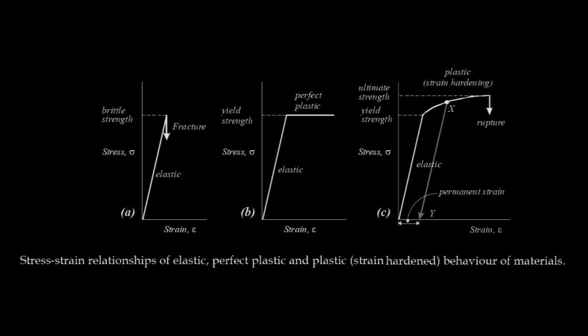Moreover, if stress is withdrawn after some amount of plastic deformation, such as at point X as shown in figure C, the curve falls to the strain axis in an approximately linear fashion, that is XY, giving the total amount of permanent strain, which is denoted by OY in this diagram C. If the stress is immediately reapplied, the curve goes back along the linear path, that is YX, to the original position on the plastic deformation curve.